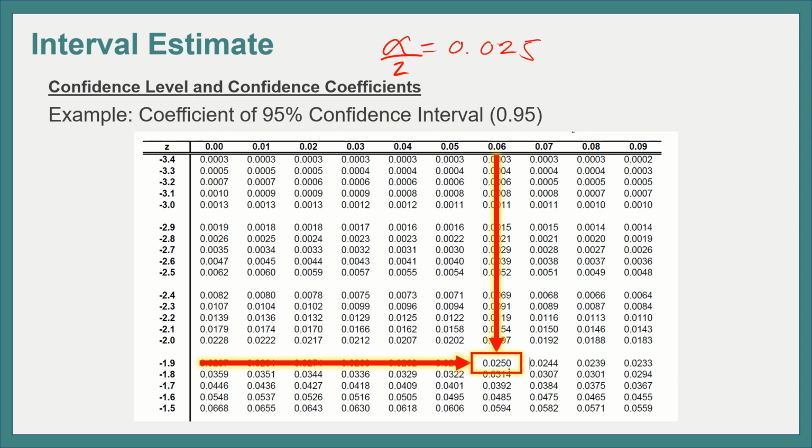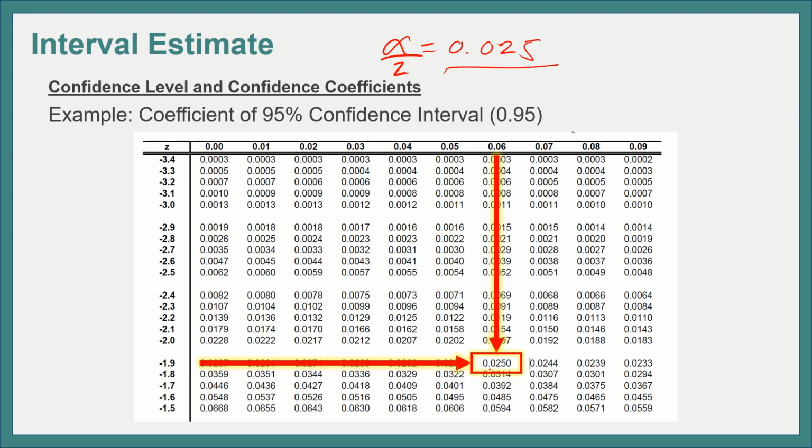The same with the normal curve concepts when looking for the z value given a percentage, given the percentile rank, we look for the value that is closest to the given value. So here we have 0.025. There is an exact value, but suppose there are two values closer to 0.025, then we need to get the average of their corresponding z values.